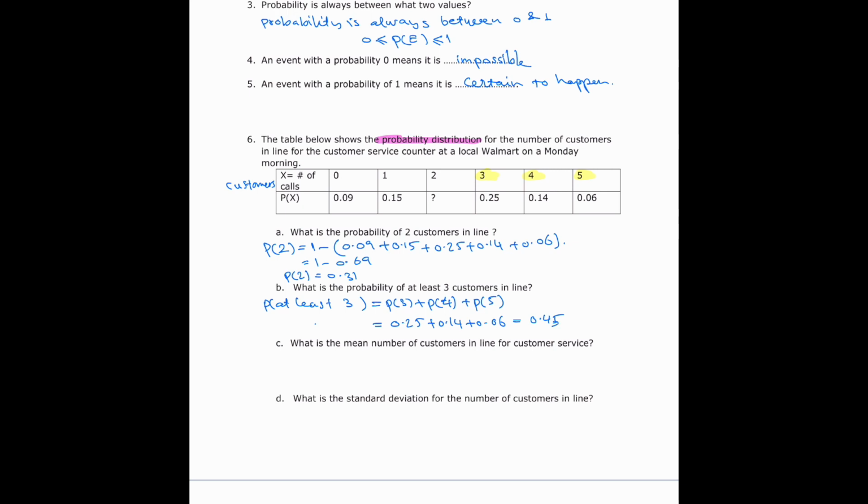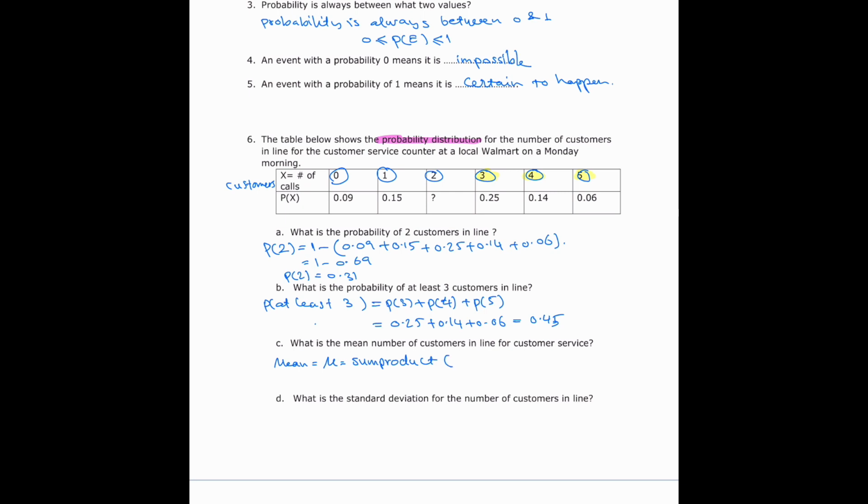What is the mean number of customers in line for customer service? So the mean for a discrete probability distribution. This is a discrete probability distribution because the numbers are discrete. You can see and count them. The mean, you can use on Excel, the SUMPRODUCT function.